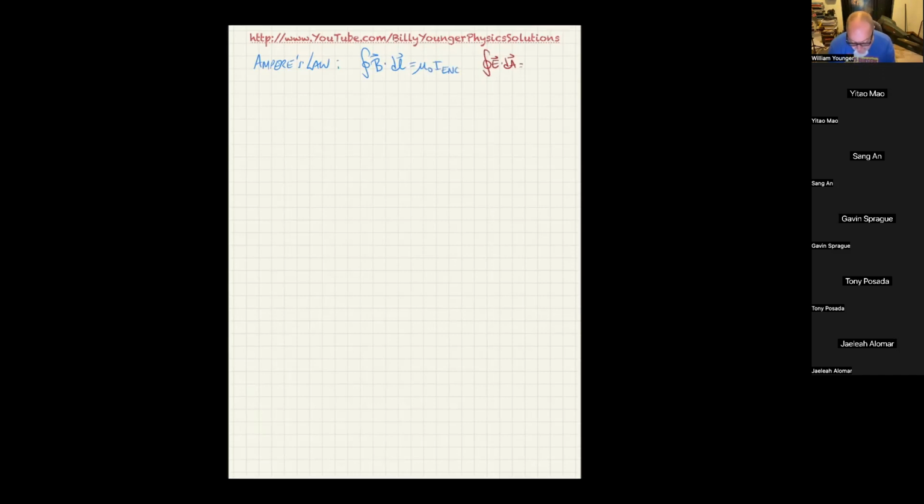But that turned out to be Q enclosed over epsilon naught. So that was what we knew of as Gauss's law. And you can see how that's somewhat similar. Specifically, the right-hand side has an enclosed quantity. In Gauss's law, it happens to be the charge enclosed, and it means enclosed inside of that closed surface that the integral is referring to.